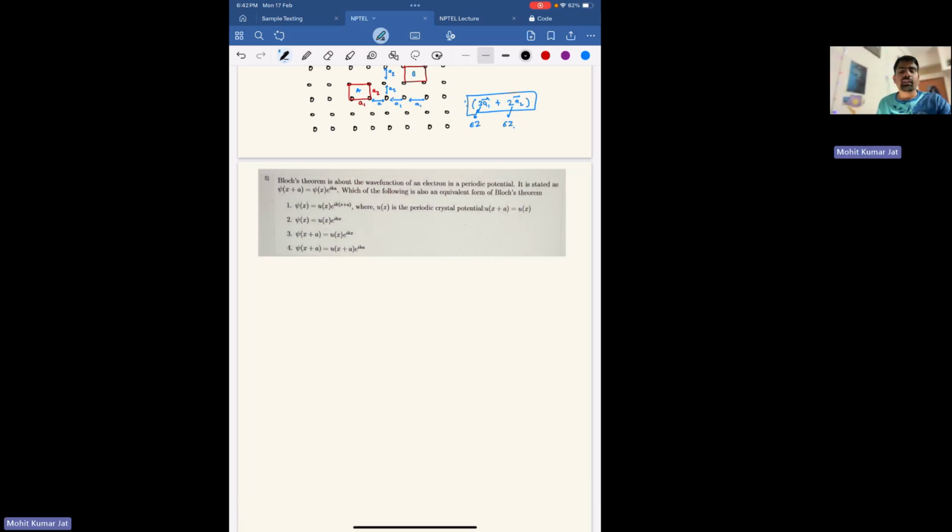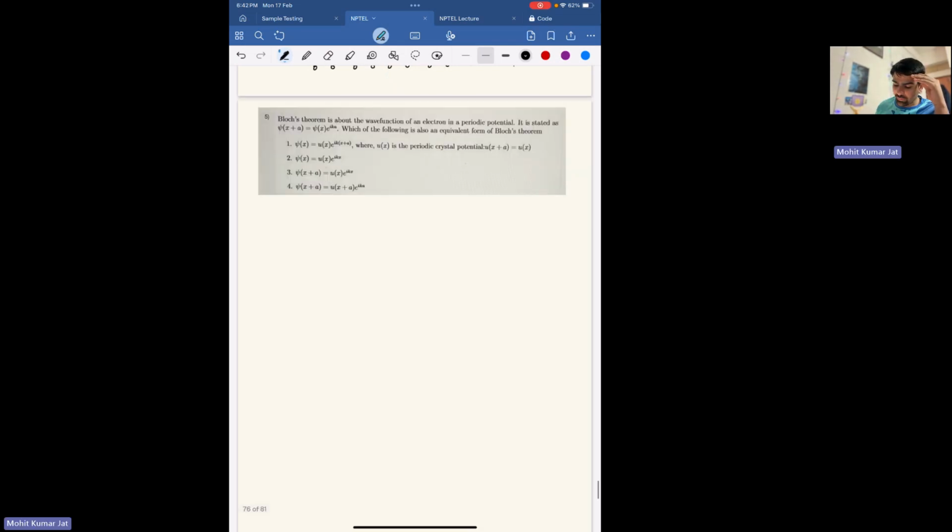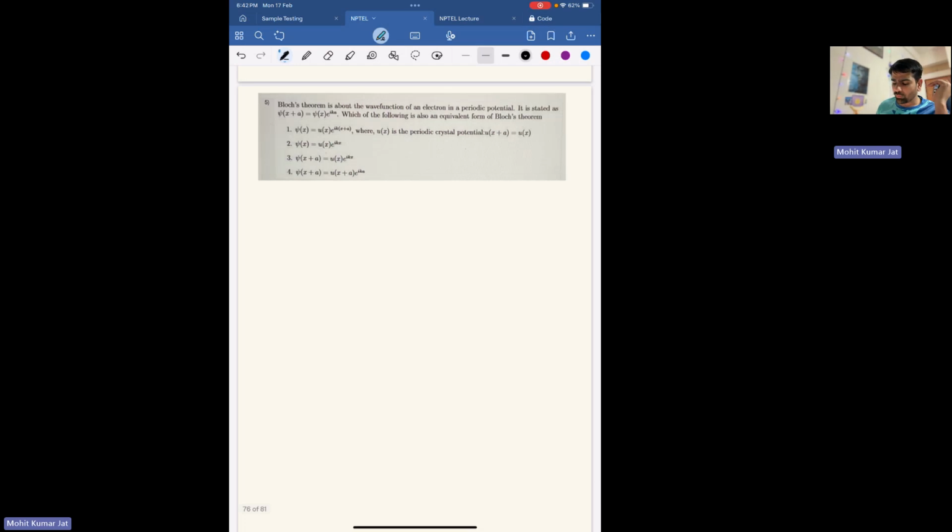If no question is there, then I will move on to the next problem, which, as you can see on the screen, says Bloch theorem is about the wave function of an electron in a periodic potential. It is stated as psi of x plus a equals psi of x times e to the power i k a, where a is the lattice constant.